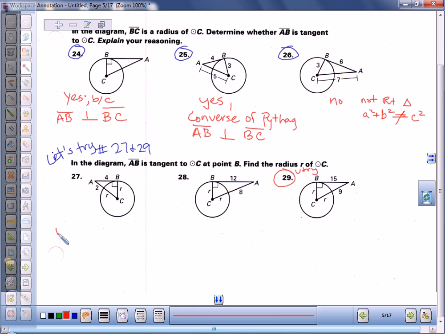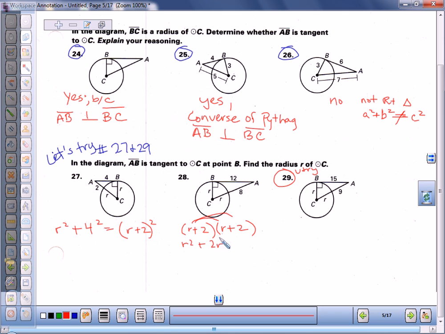So what we would do is say leg squared plus leg squared is equal to hypotenuse squared. And we talked about on Friday how you would square a binomial. R plus 2 squared is really R plus 2 times R plus 2. And so we're just going to distribute through here one term at a time. R times R is R squared.